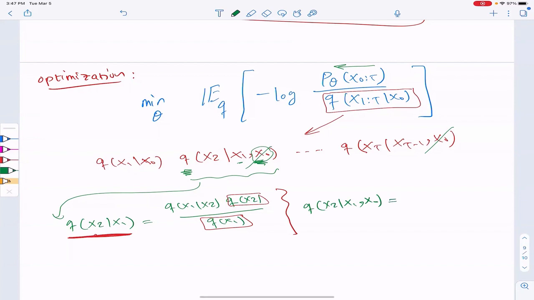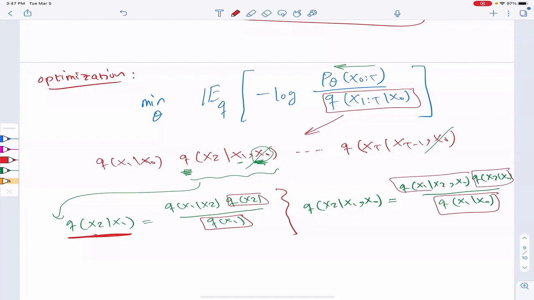But when I do that and I write the Bayes rule, what do I get? I get Q(x1 | x2, x0) Q(x2 | x0) divided by Q(x1 | x0). Do I have Q(x1 | x0)? Yes. Do I have Q(x2 | x0)?